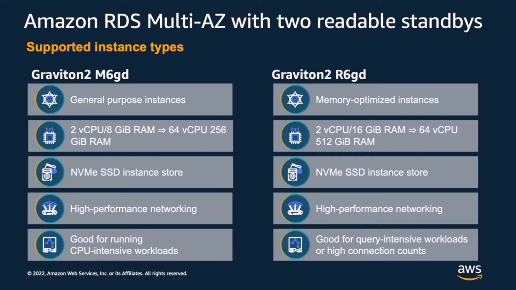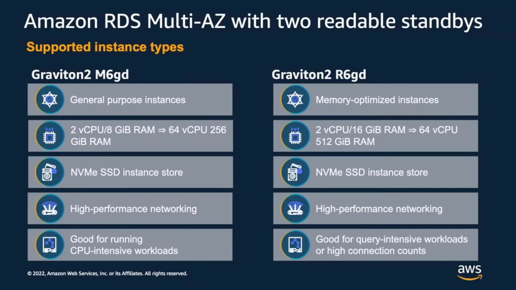Now I will be talking about some options that are available for Amazon RDS multi-AZ clusters. RDS multi-AZ clusters are only available with Graviton 2 instances. So the benefit is that it offers up to 35% performance improvements. The M6GD is a general purpose instance.